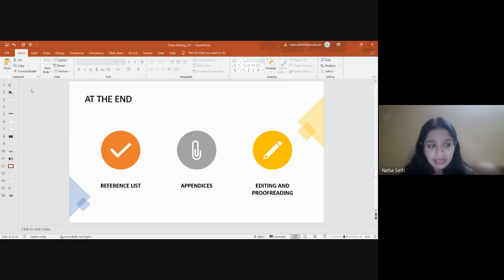Whatever name you are using in your thesis should definitely be there in your reference list. And the style of the reference list should match the criteria given by your university. It may be presented in APA style, it may be presented in Harvard style.